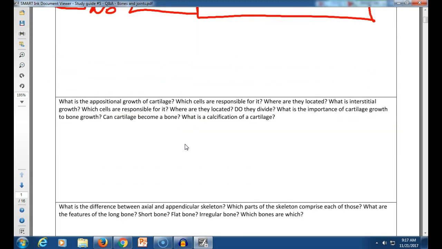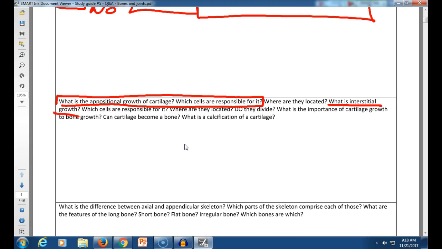Appositional growth of cartilage. Cells next to the perichondrium, chondroblasts, add new cartilage next to the perichondrium, essentially making it thicker. Interstitial growth.